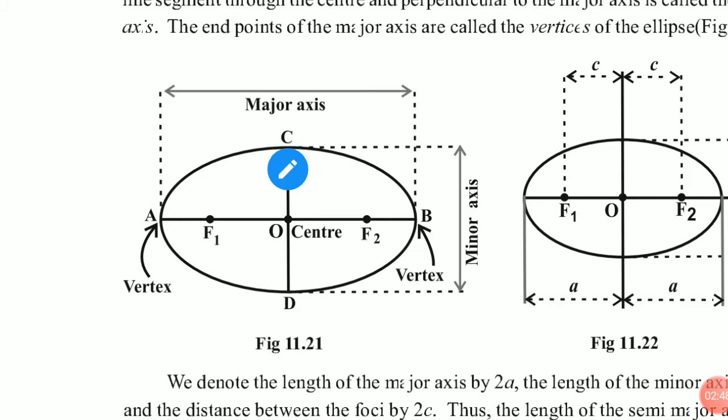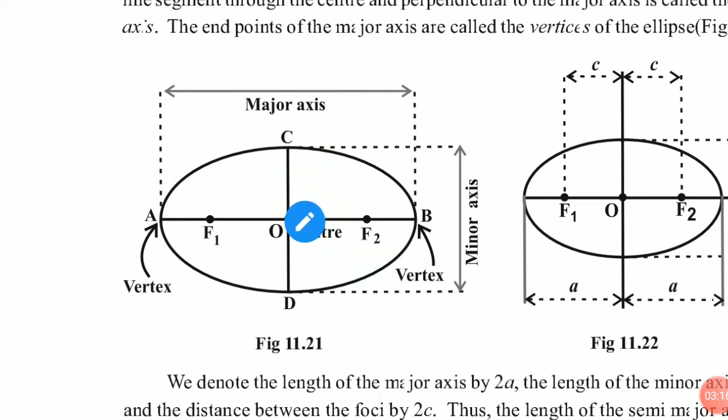Origin means, on the coordinate plane, the intersection of the x-axis and y-axis, it is called origin O, and the center of the ellipse also lies on the origin. Obviously the foci are F1 and F2. This point A is called a vertex, B also a vertex. So there are two vertices, A and B.